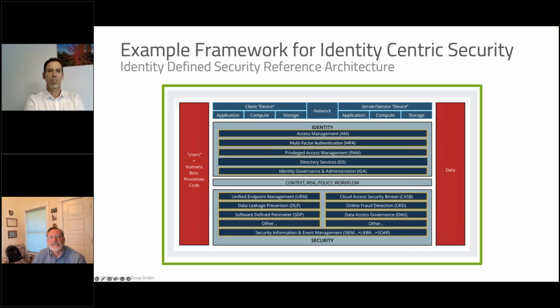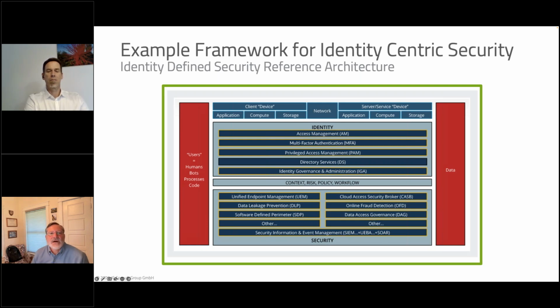They've created this consortium, and they created a framework that kind of gives you the idea of how to organize the management of the security for identities and your resources.